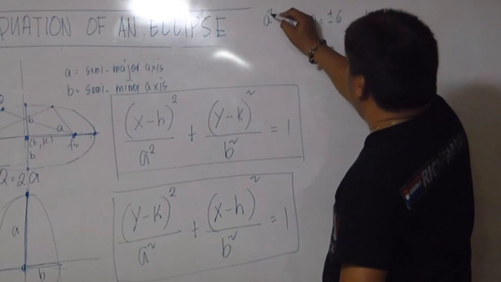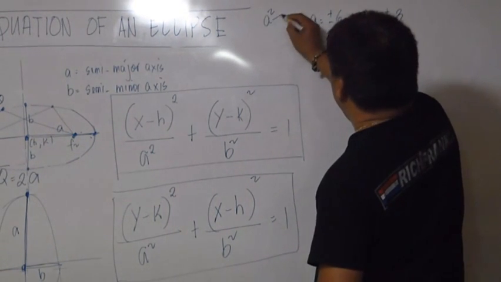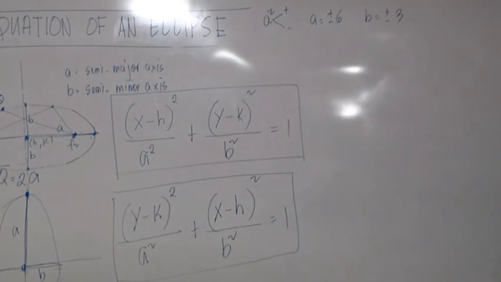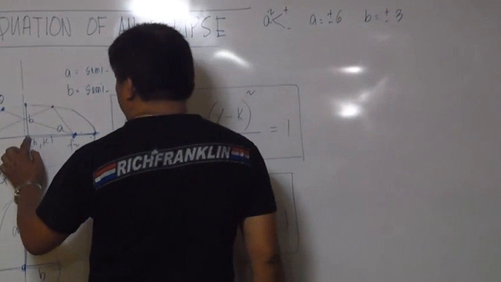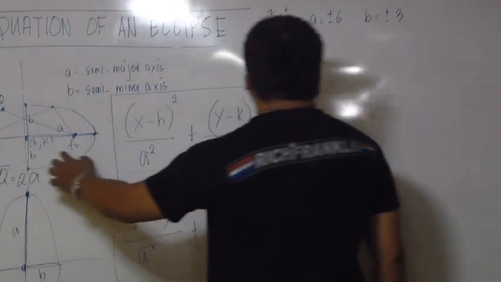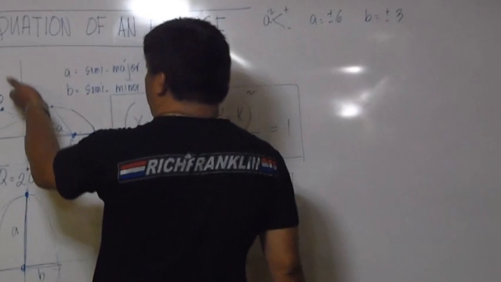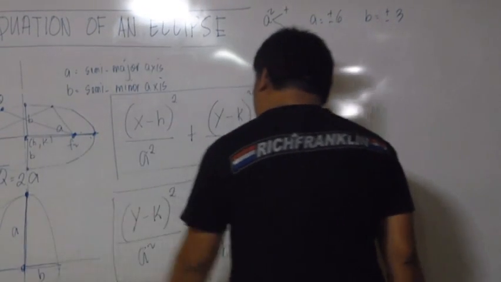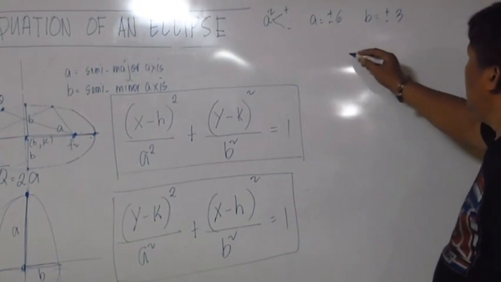A squared means the square root, positive or negative. So if we consider A as positive 6 to the right and negative 6 to the left, then B is positive 3 upward and negative 3 downward. But be sure to know the center.